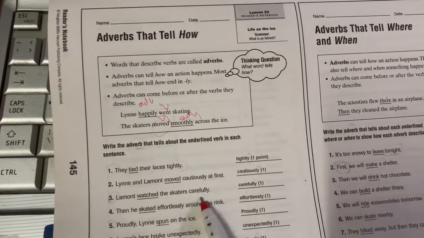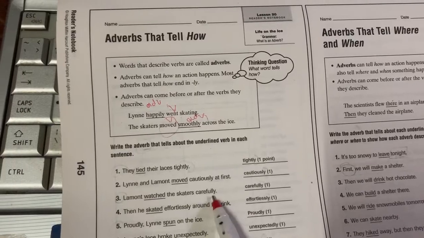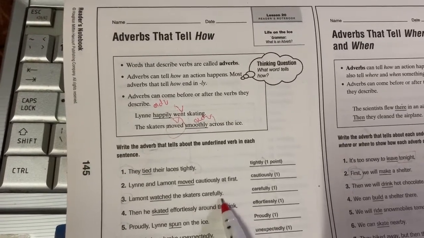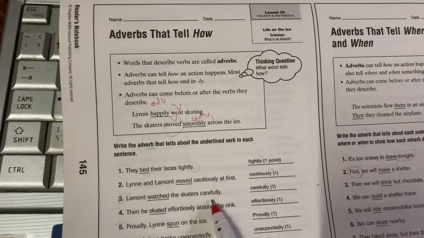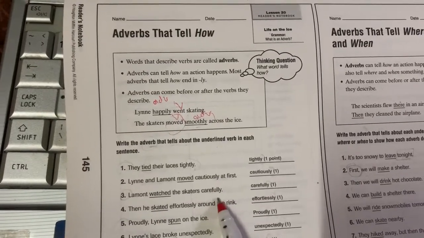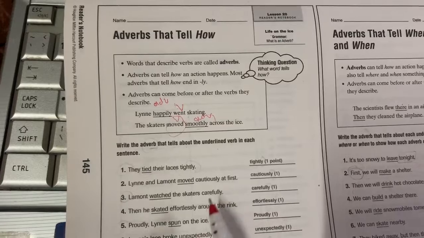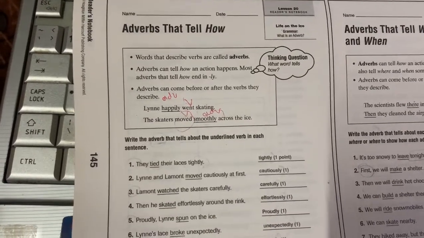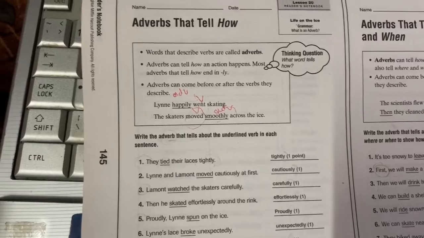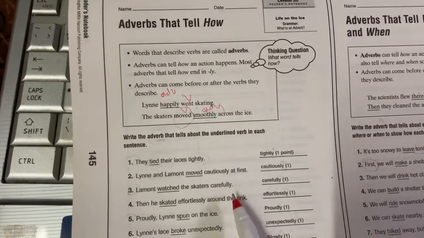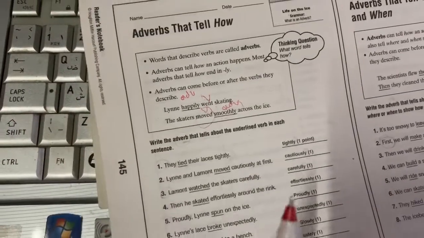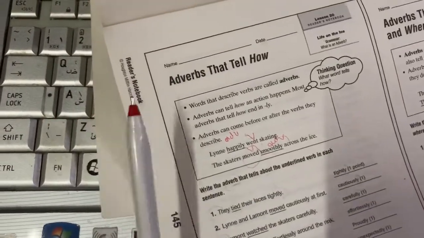What comes after washed here? Carefully. I added ly to the adverb here, which is carefully. Carefully is adverb, and it is adverb of manner because it tells how the action happens.